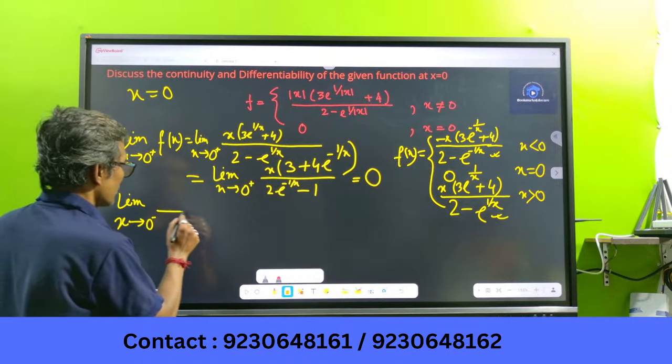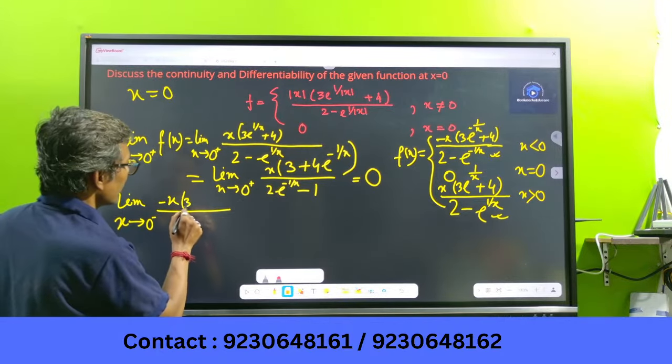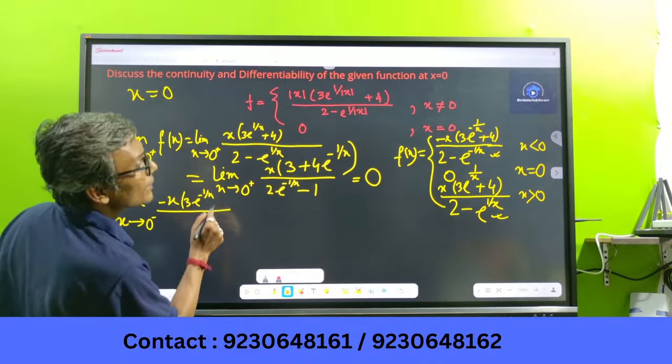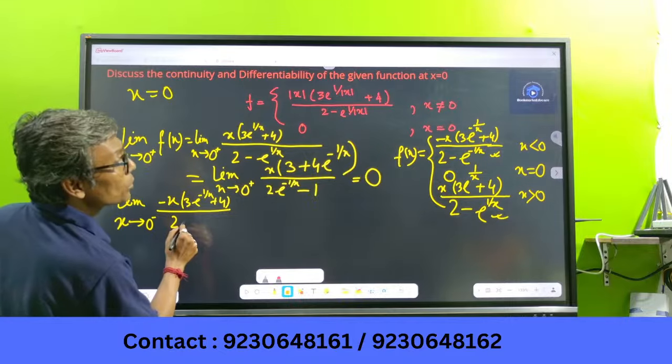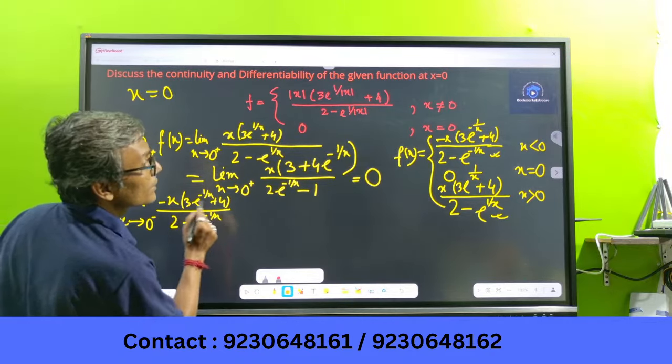So minus x into 3 into e to the power minus 1 by x plus 4 by 2 minus e to the power minus 1 by x.